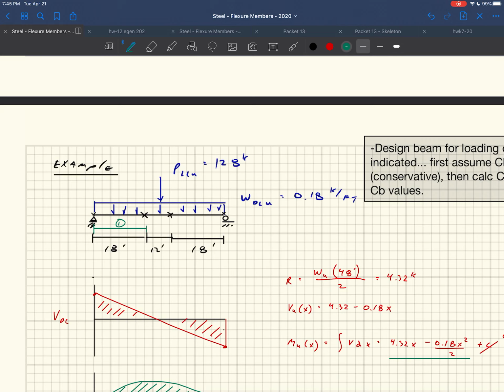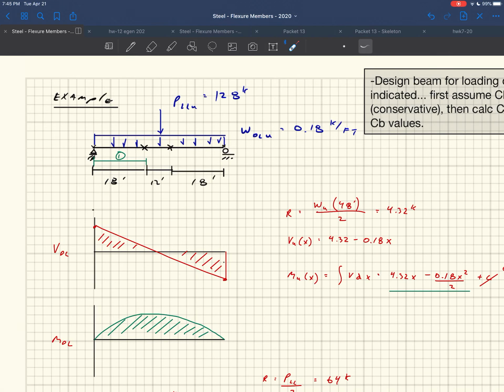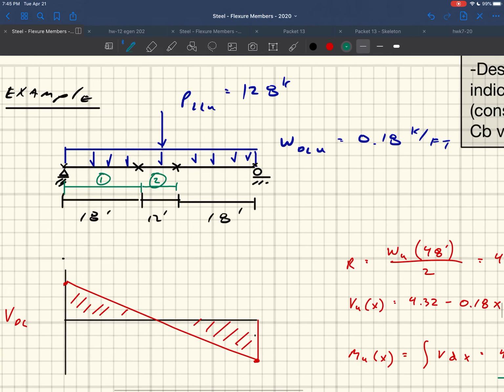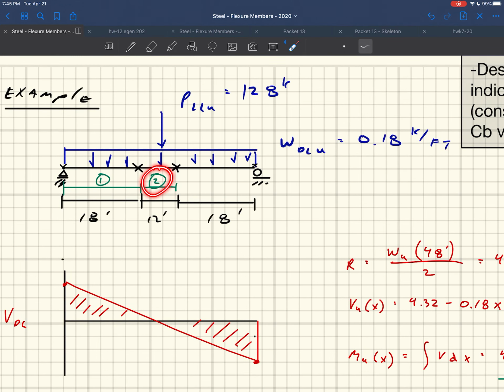Because you have to do one of these designs for every one of these spans. Now, you might be asking yourself, well, here the moment is going to be less, but the unsupported length is going to be 18 feet. For this span right here, this is going to be interval 2. Interval 2 is going to have a bigger moment because it's in the middle, but its unsupported length is 12 feet.